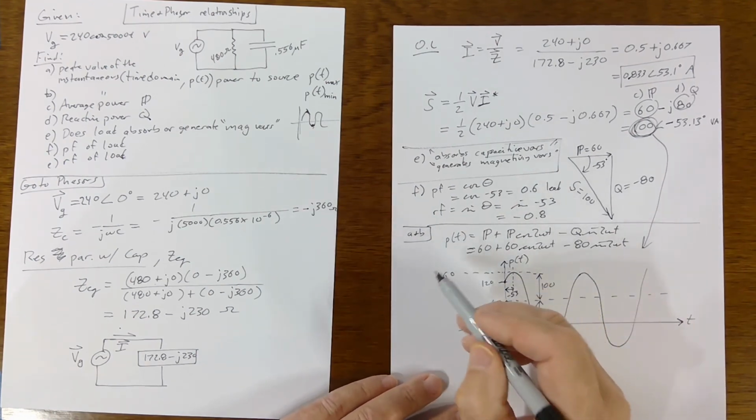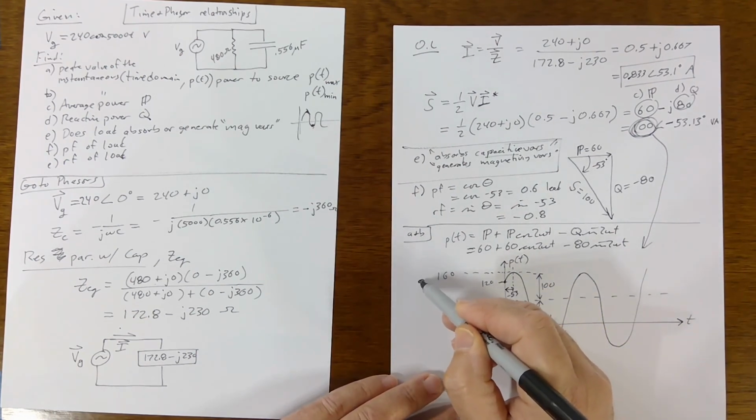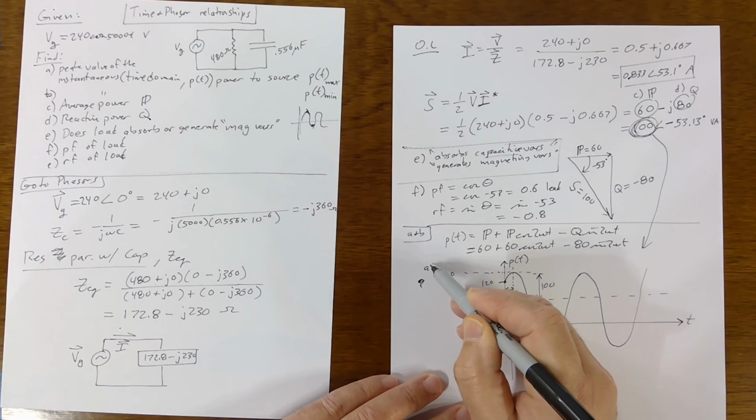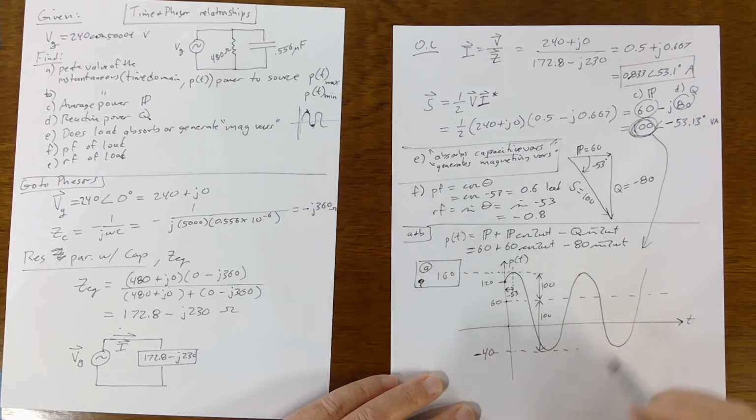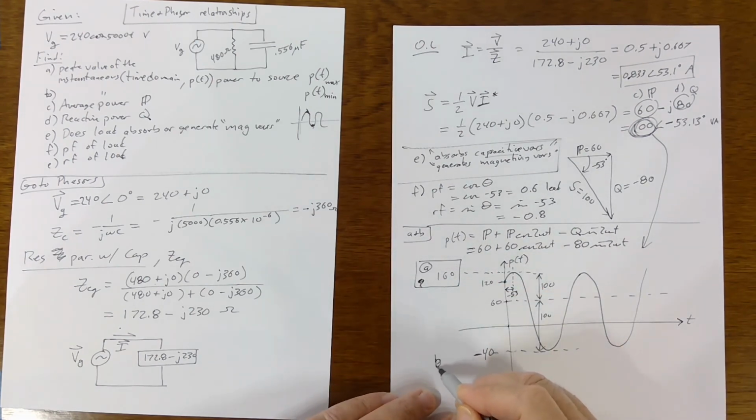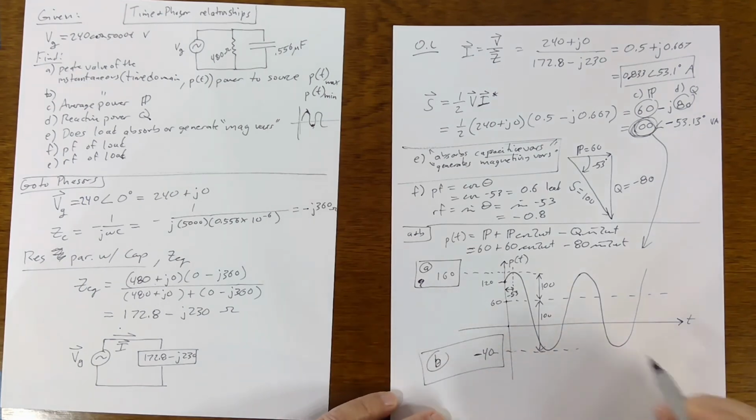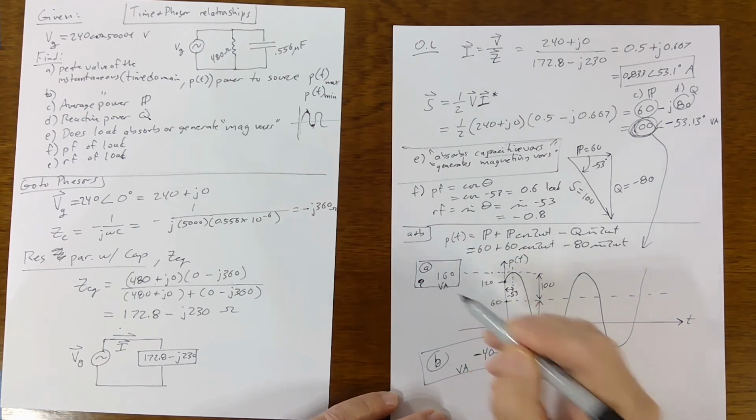So this is part A. The answer is 160, and the part B answer is minus 40, and it's volt amperes, complex power.